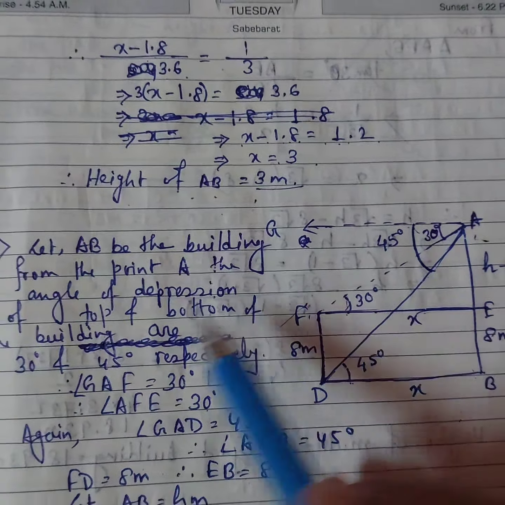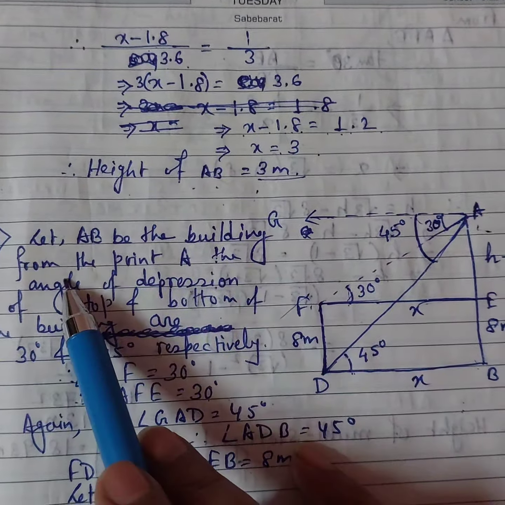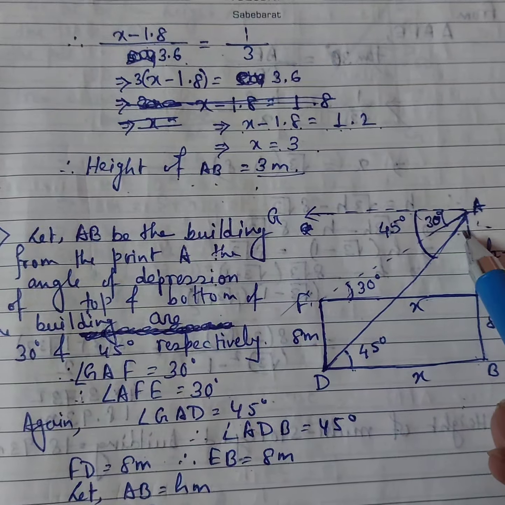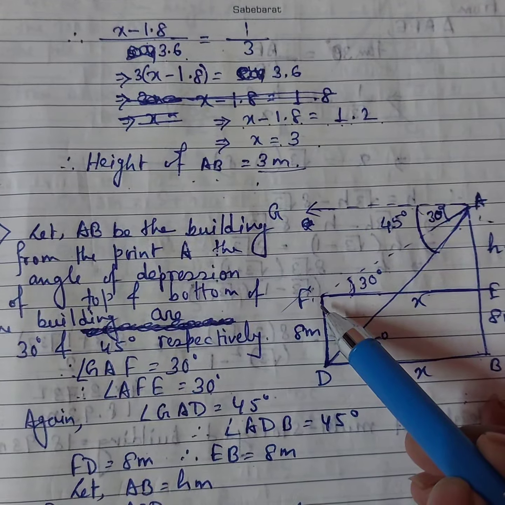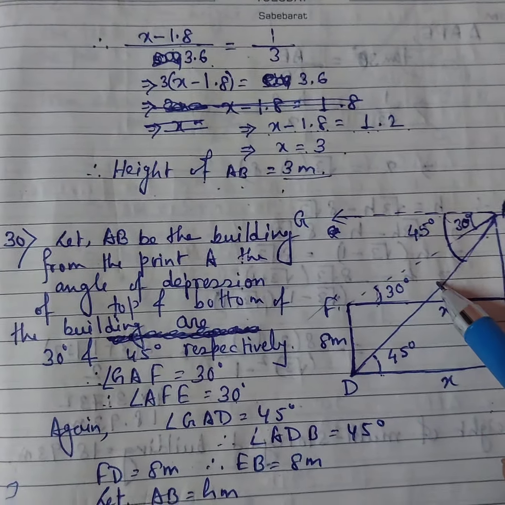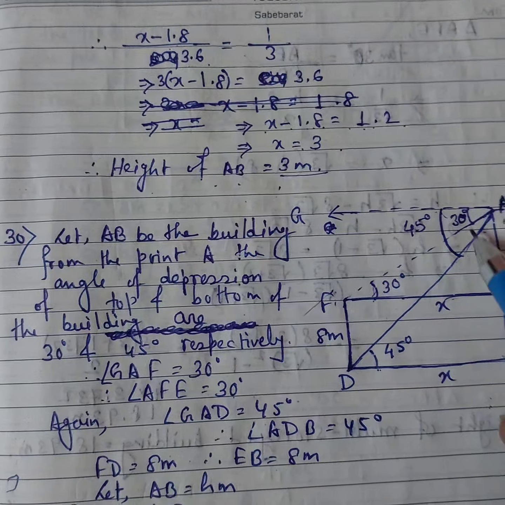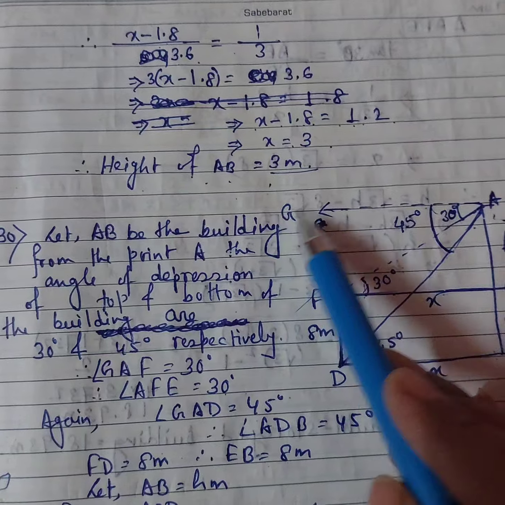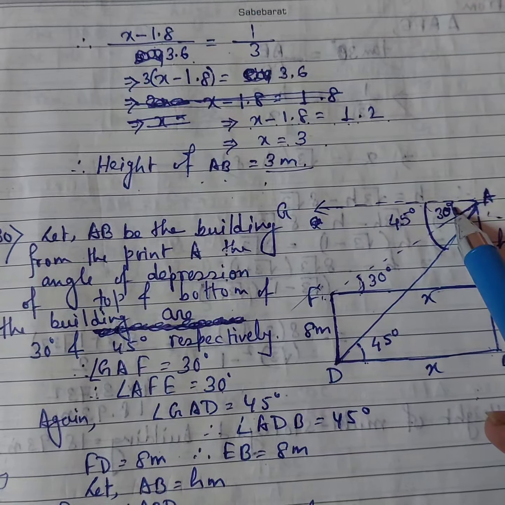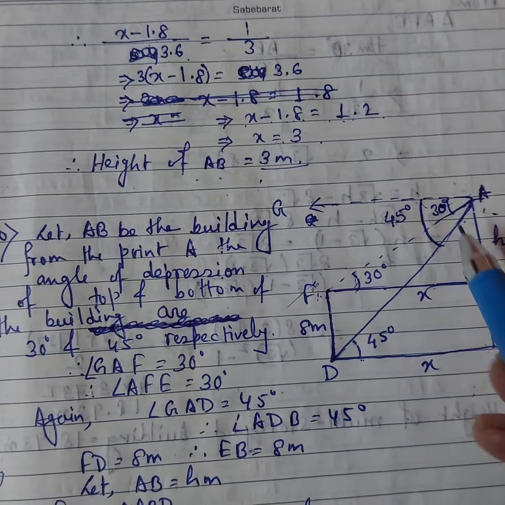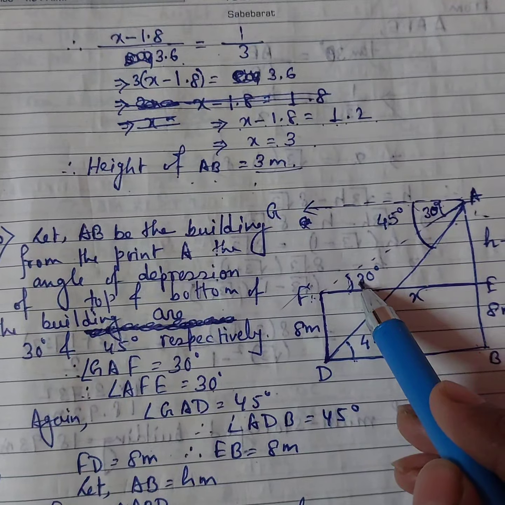Okay, now see, let AB be the building. From the point A, the angles of depression of the top and bottom of the building are 30 degree and 45 degree. Therefore, angle GAF equals 30 degree. Therefore, angle AFE equals 30 degree.